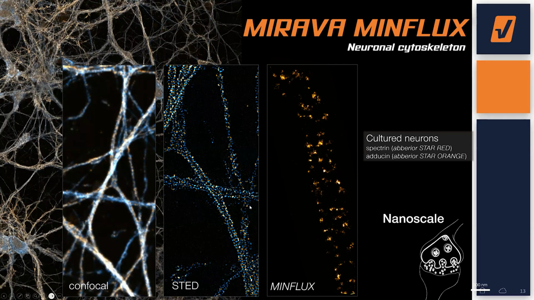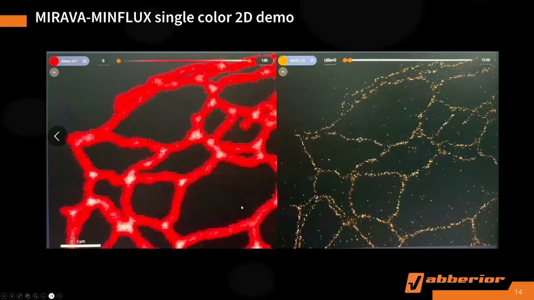Now we come back to MINFLUX. As demoed already 2 days ago, on the Mirava STED platform, we already have the MINFLUX module, and it is so easy to use. These are ER single molecule images. On the left side is the confocal raw data. As I told you, we only show the raw data by photon counting.